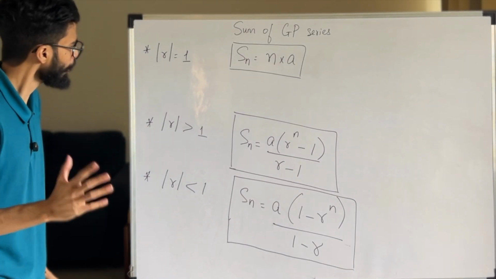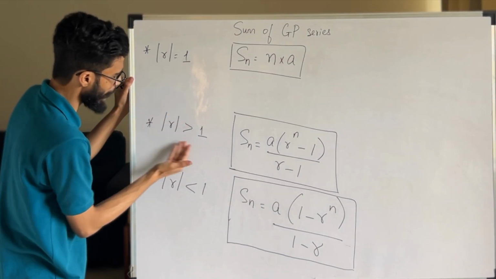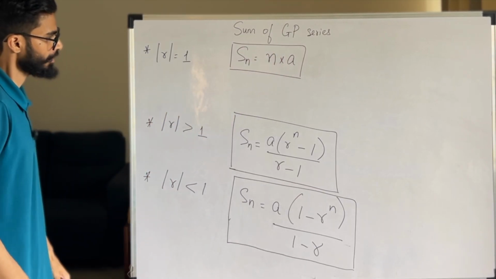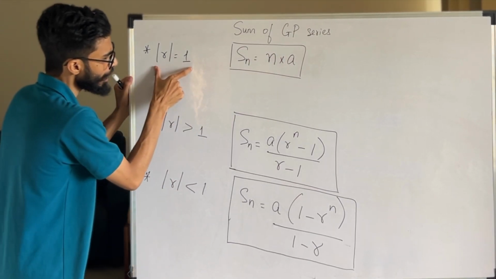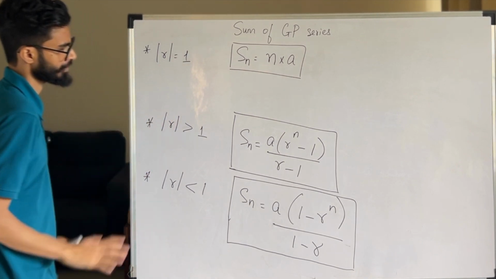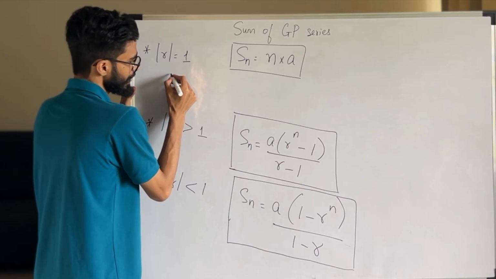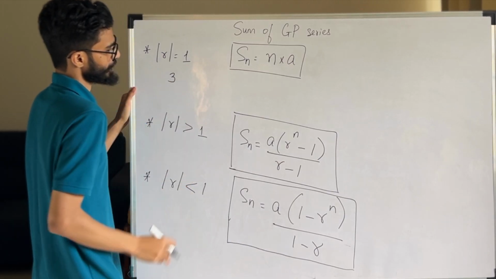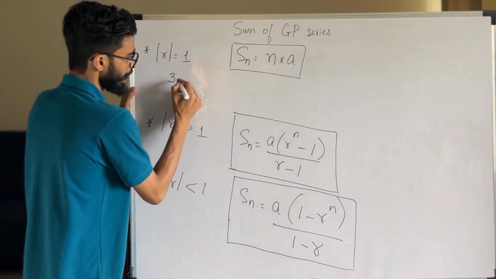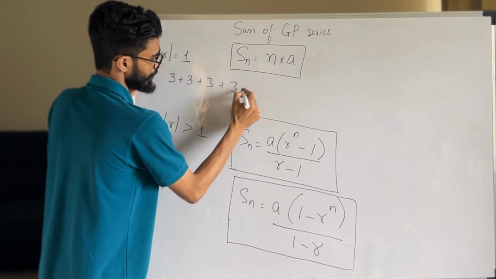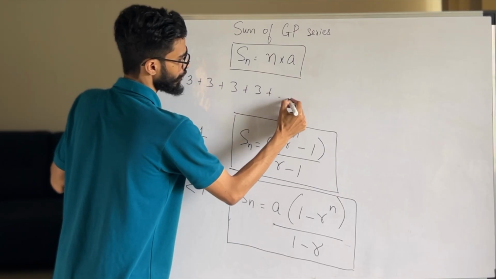Now depending on absolute value of R, my sum of GP series is decided. For example, absolute value of R of a GP series is 1. Suppose my first term is 3, this series will look like this, and so on.